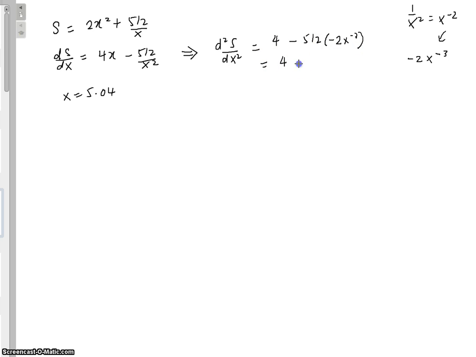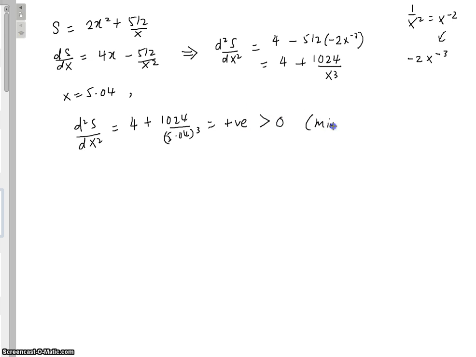If you simplify this, you get 1024 divided by x cubed. Now when x equals 5.04, if we substitute into the second derivative, you will observe that whatever positive value of x, because x is positive, contributes to a positive value of the second derivative. It indicates that the x value is actually a minimum.